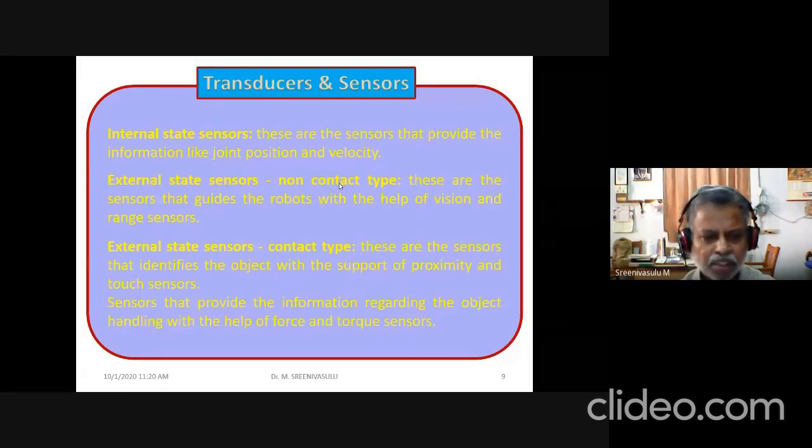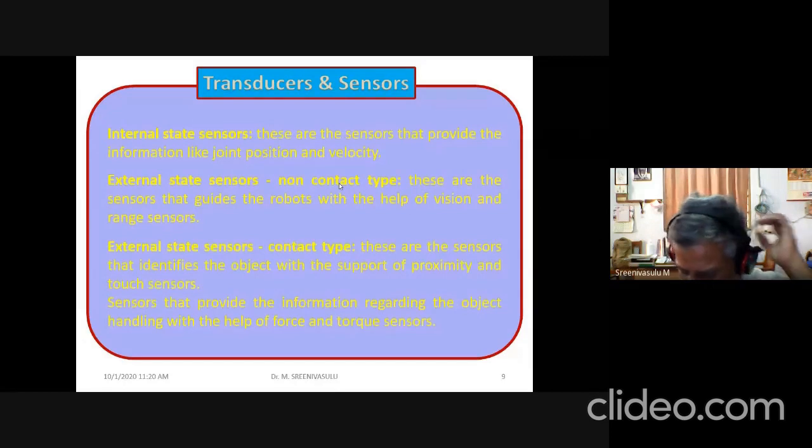Then coming to the external state sensors, there are two types under this: one is non-contact type, another one is contact type. Non-contact type sensors guide the robots with the help of vision and range sensors.